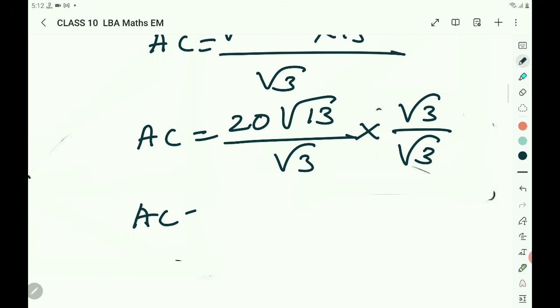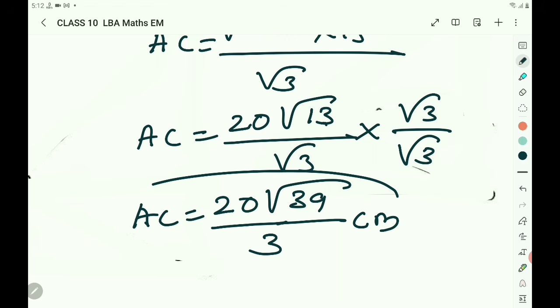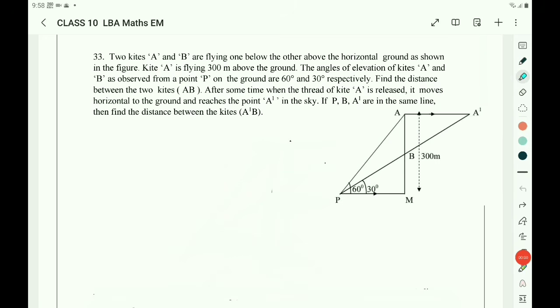Then AC equals 20, and you can multiply, both of these are under the square root. You can multiply 13 and 3, square root of 39. Root 3 into root 3 is 3. So you got 20 root 39 by 3 centimeter is the length of the AC. That is the distance between the top of the pole.